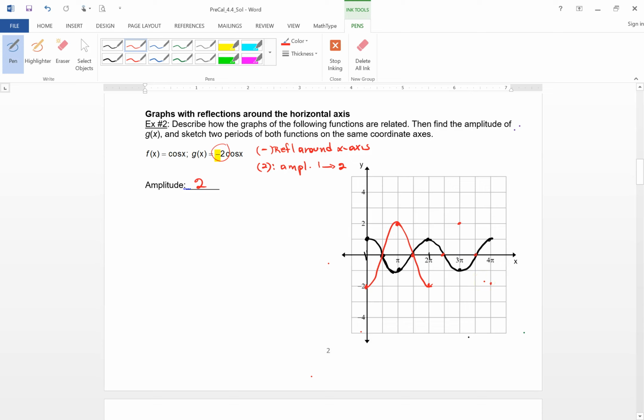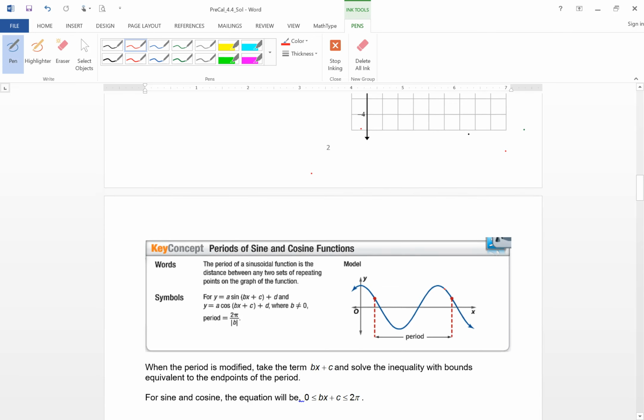You see how we started at 1 on the positive side? Here we're starting on the negative side. All right? So that's how you do that.